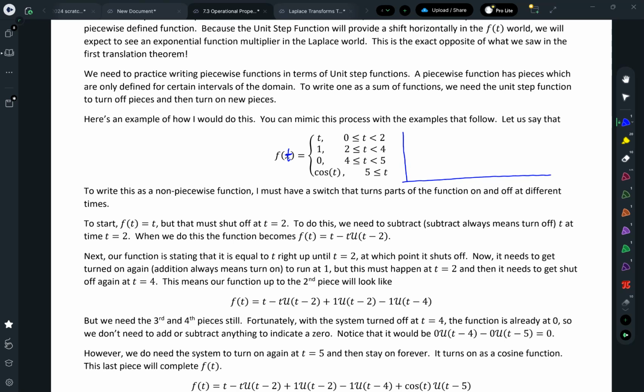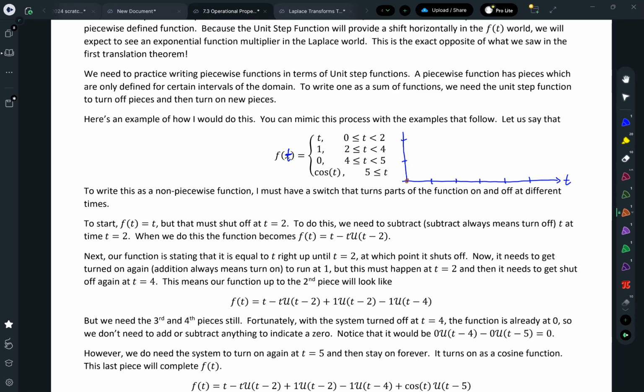This is going to be a rather rough sketch, but let's see. 1, 2, 3, 4, 5. Okay, so what's happening here is from 0 to 2, we have the function t.